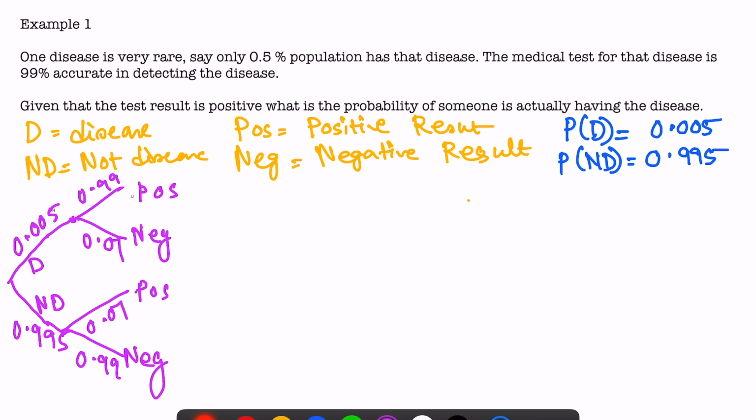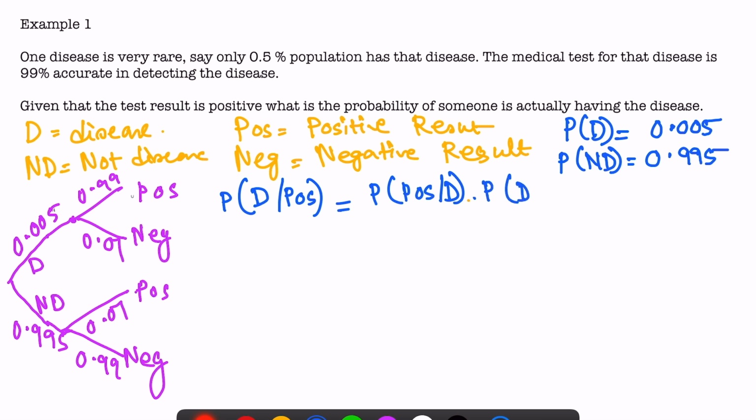Now what do we want to calculate? We want to calculate the probability of disease given positive, because we want to know the probability of someone actually having the disease given that the test result is positive, right? This we can write as probability of positive given disease multiplied by probability of disease divided by probability of positive.